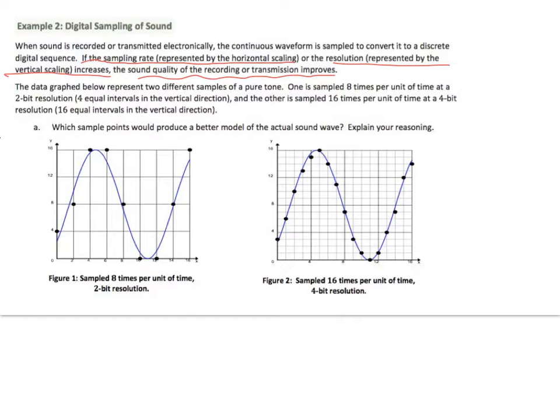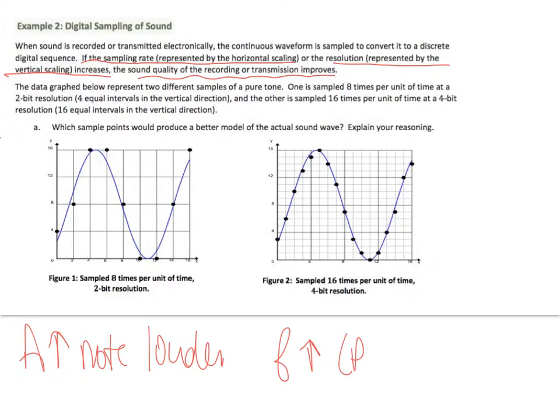As the frequency of the wave increases, which means the period is decreasing because they're inverse, the pitch of the note increases.